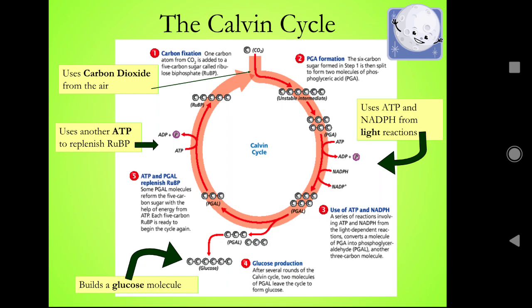I'm not going to get into any of those details, but at the end of this, the carbon dioxide that entered the stroma and the NADPH and the ATP from the light-dependent reactions combine together to form the glucose molecule, C6H12O6. And as long as the water molecules are being split, and as long as ATP and NADPH are generated, and as long as there is carbon dioxide gas, the Calvin cycle will continue to go through.